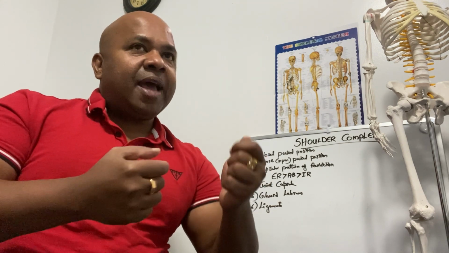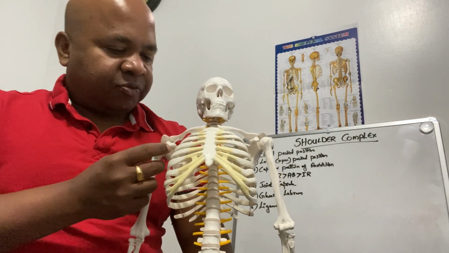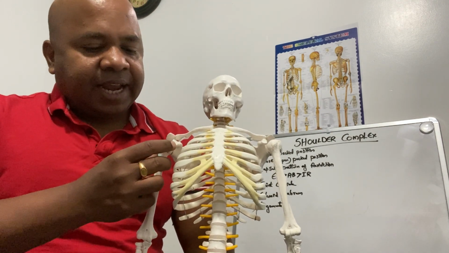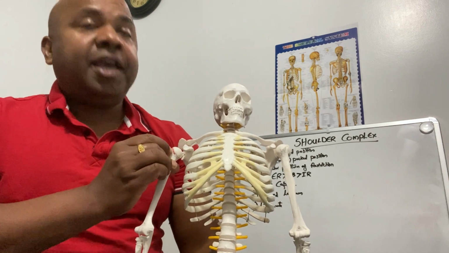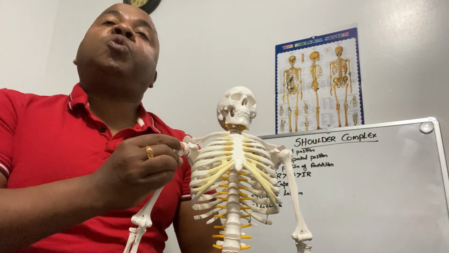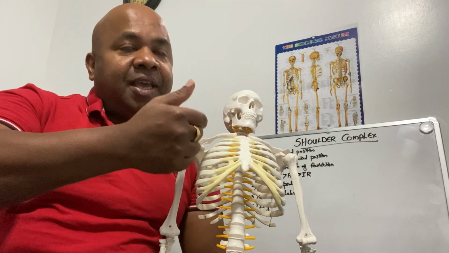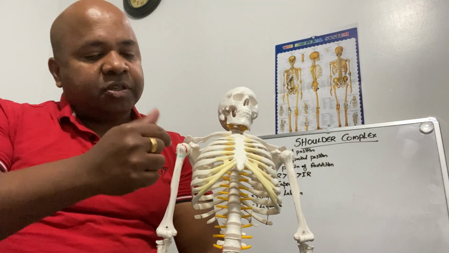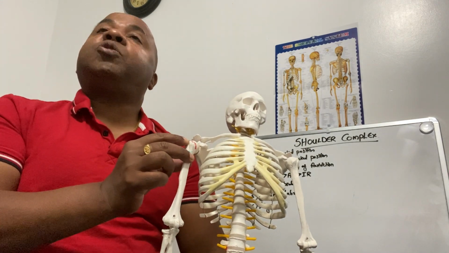The medial band arises from the coracoid process and gets attached to the medial tuberosity, whereas the lateral band arises from the coracoid process and is attached to the greater tuberosity.